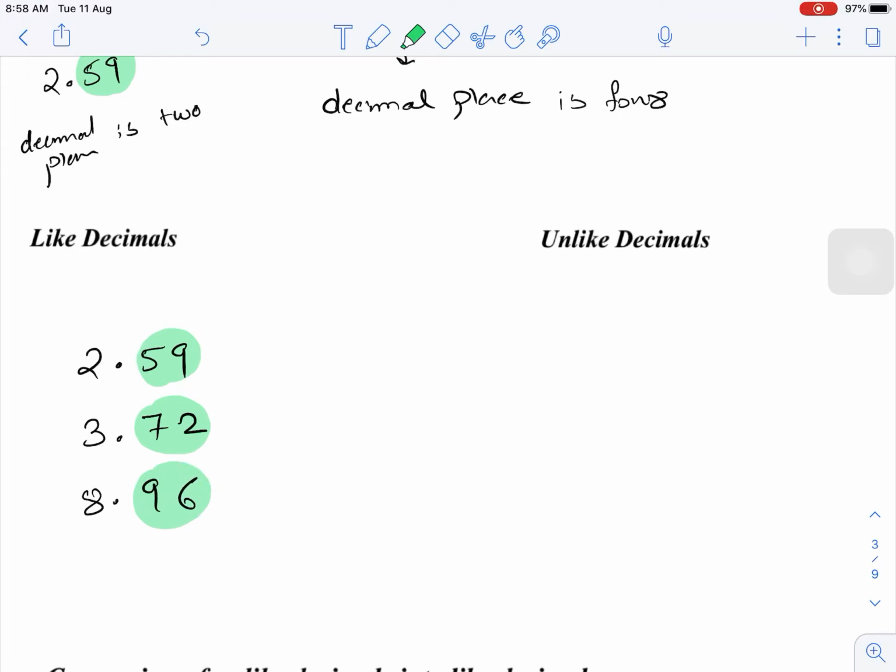So the decimal place of this number is 2, this number is again 2, and this number is also 2. Since they all have the same decimal places, we say that they are like decimals. So what are like decimals? The numbers having same decimal places are known as like decimals.